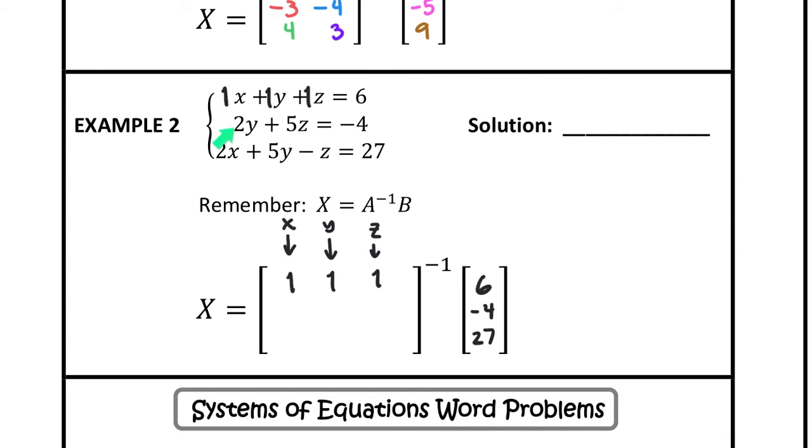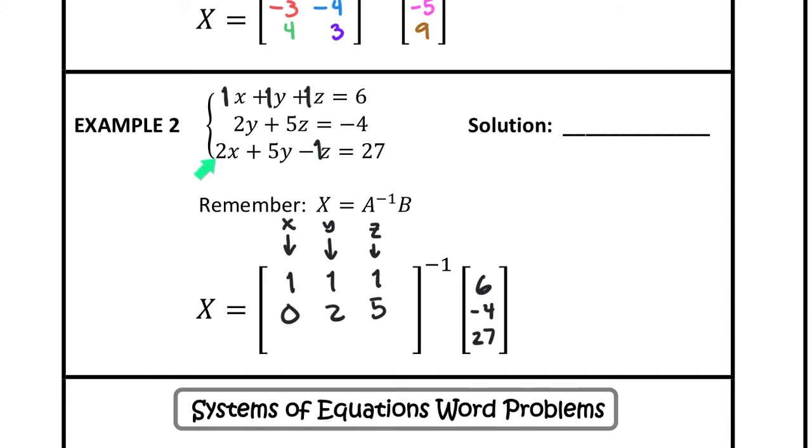Okay, if I look at my second equation, is there an x in my second equation? No, right? So I'm going to put 0, 2, 5. Because I have 0 x's in my second equation. I have a 2y, so I'm going to put 2. And then I have 5z. Then the last row, remember there's a 1 here in front of the z.